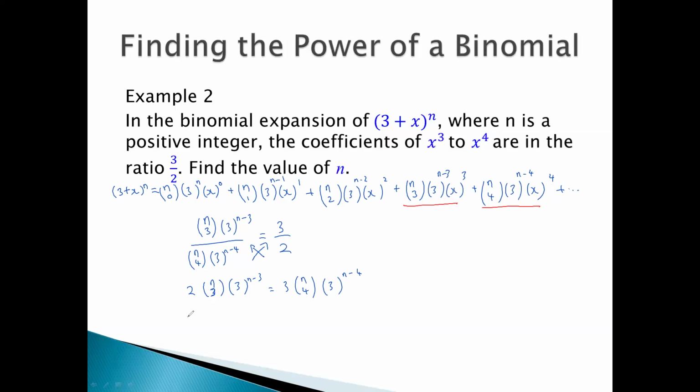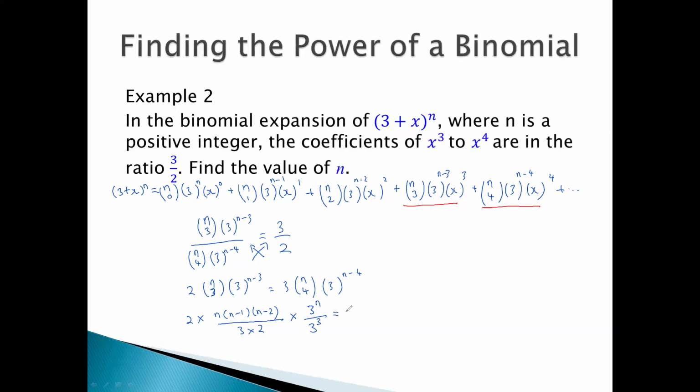Let's take a look. 2 times n minus 1, n minus 2 over 3 times 2, right? And then this 3 to the power n minus 3, I need to be able to split it up, otherwise I can't cancel. So 3 to the power n minus 3 is actually 3 to the power n divided by 3 to the power 3.